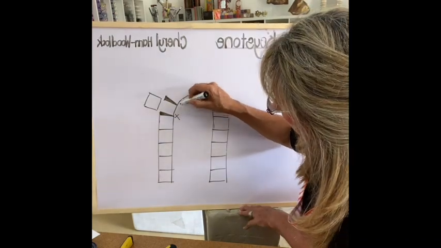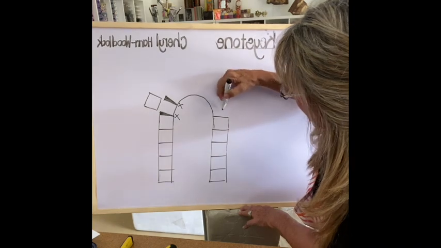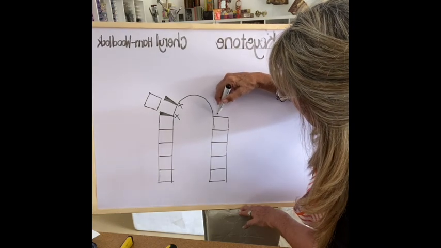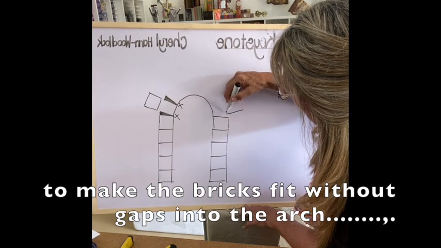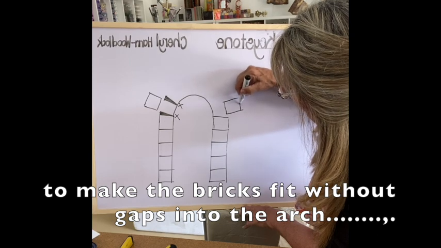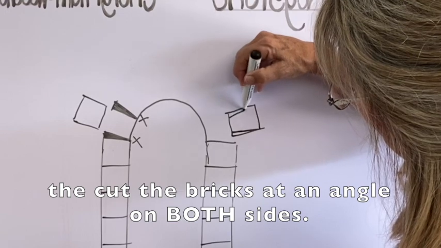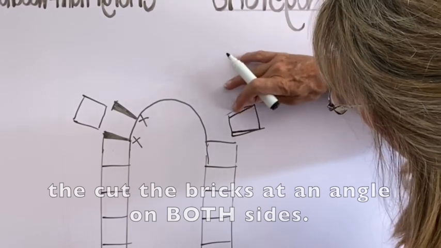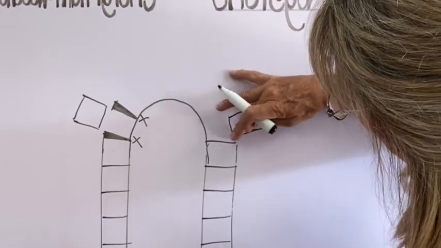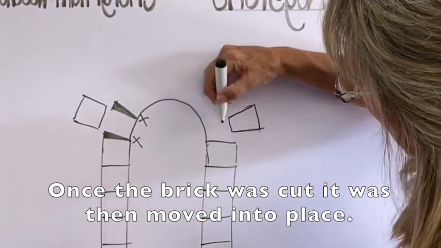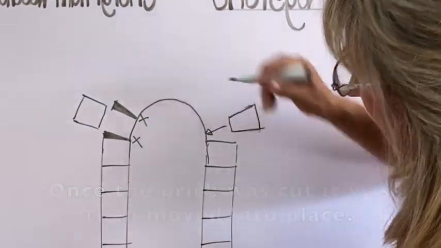So that is wrong. What they did with their brick is they cut it. So they took off a portion of that. They then moved it into place.